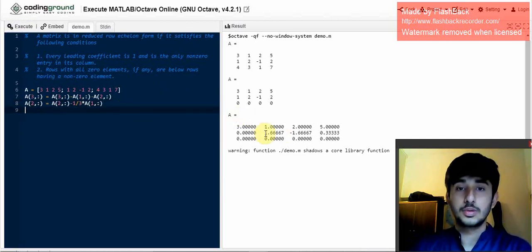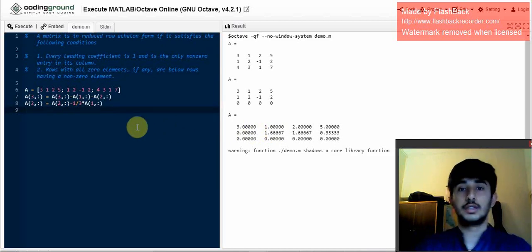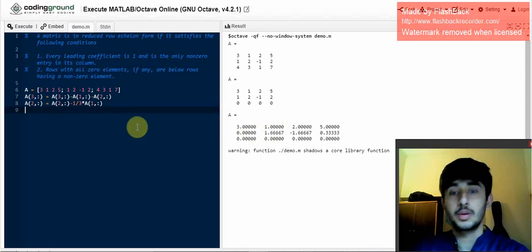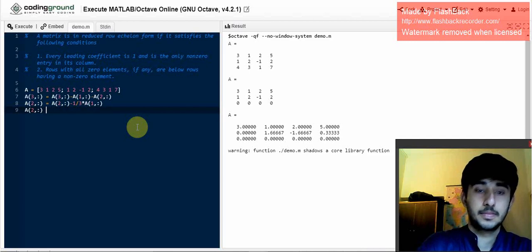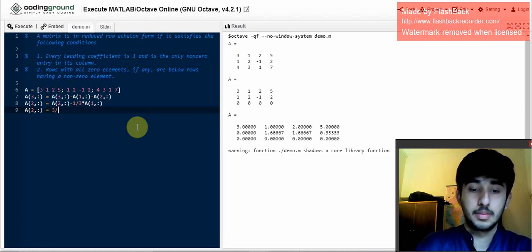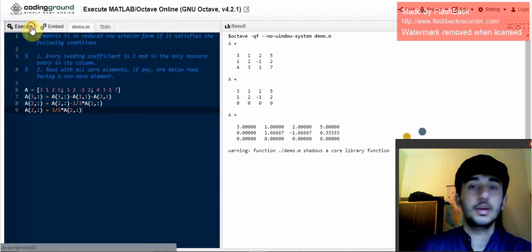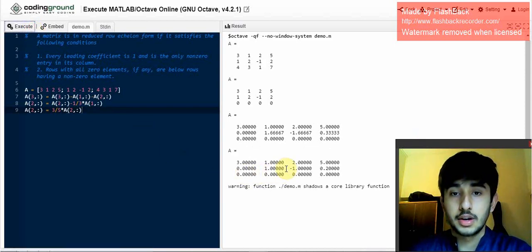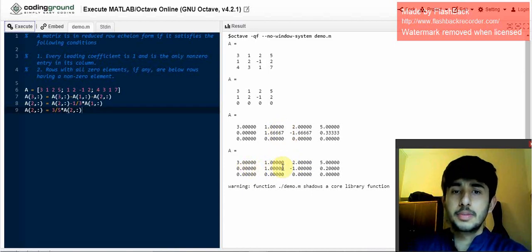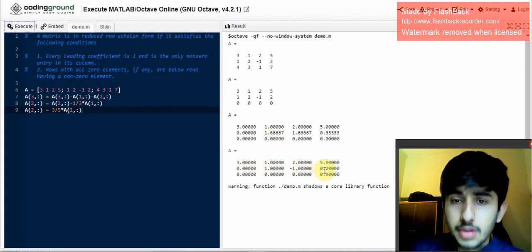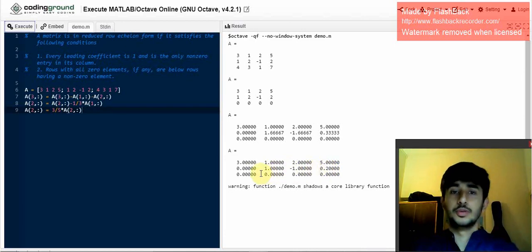This is 5 by 3, so to get it into a 1, we have to multiply the entire row by 3 by 5. And we get a 1, and see, all those huge strange looking numbers have converted into simple whole numbers, and the only decimal is this one, 0.2.